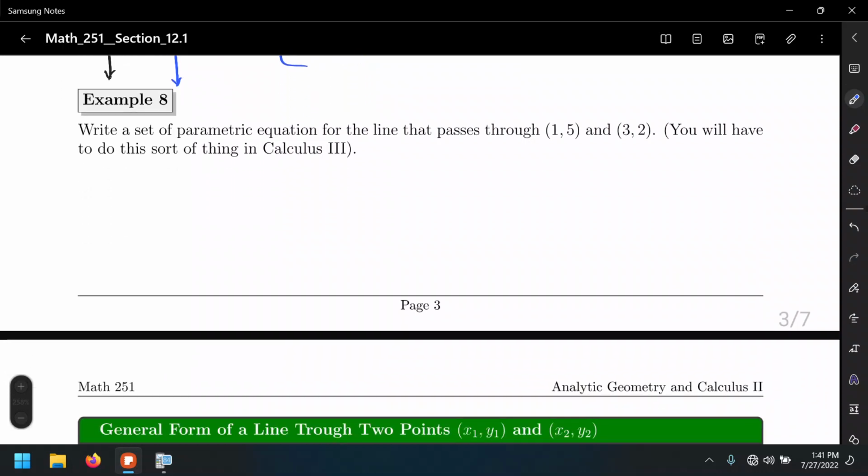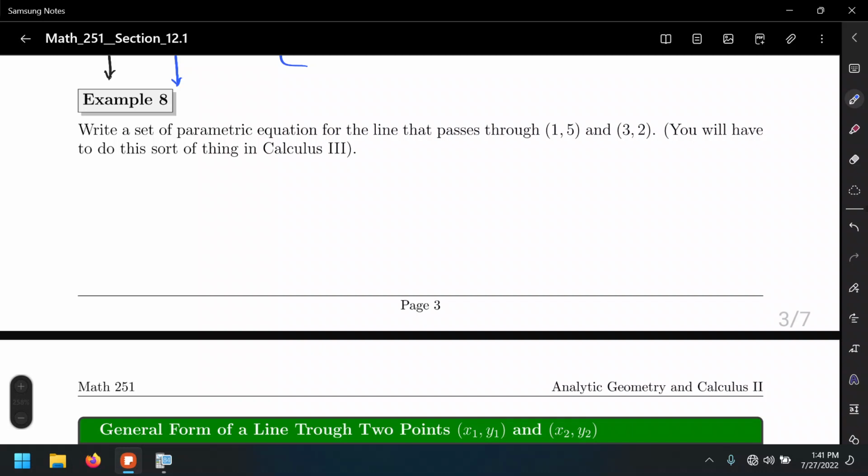Of course, we're going to start with the simplest case of parameterizing an equation, which is the equation of the line. Number one, we might want to write the equation of the line that passes through these two points. We have enough information; ultimately we need the slope and a point.